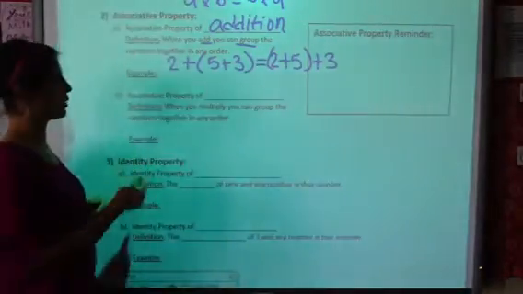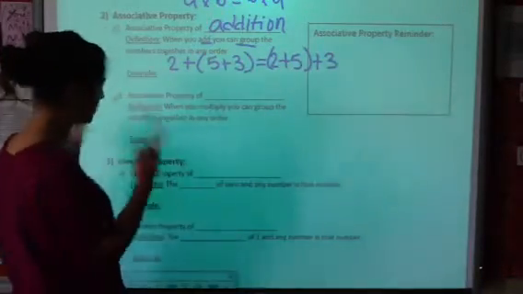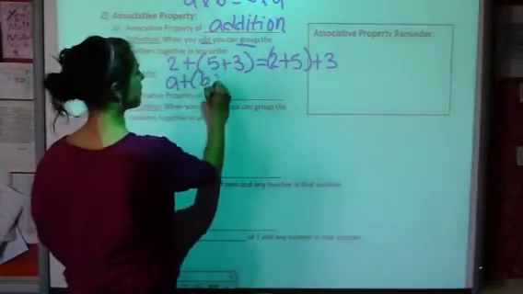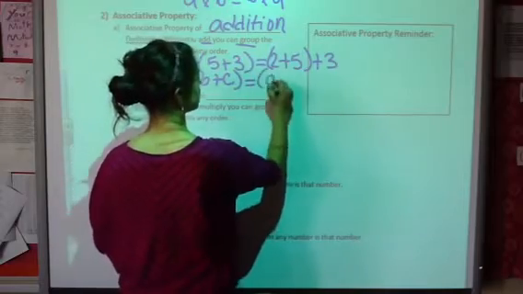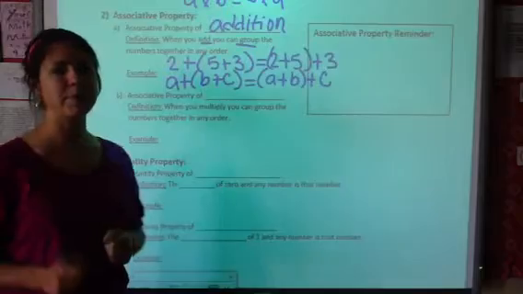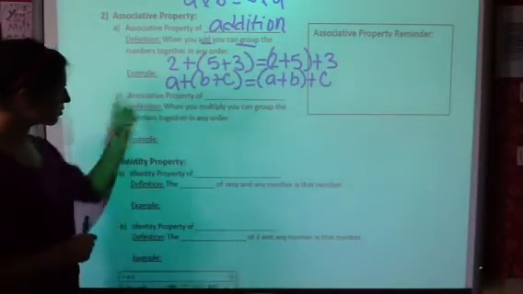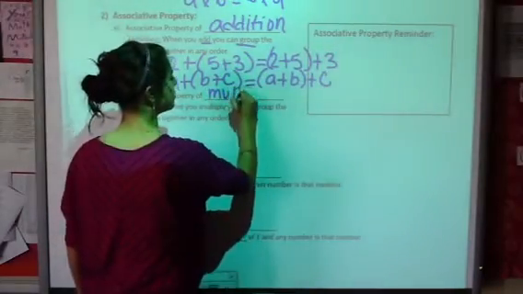The associative property says I can put those parentheses wherever I want. So if I chose to do this algebraically using letters, I'd say A plus B plus C in parentheses is equal to, in parentheses, A plus B plus C. Okay, so that would be the algebraic way of writing that. Now we also have the associative property of multiplication.